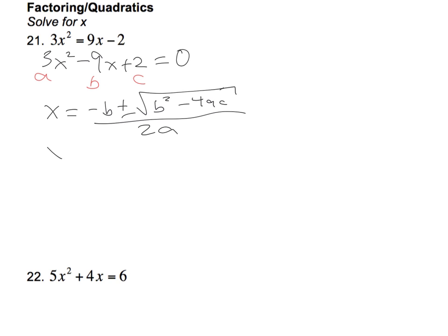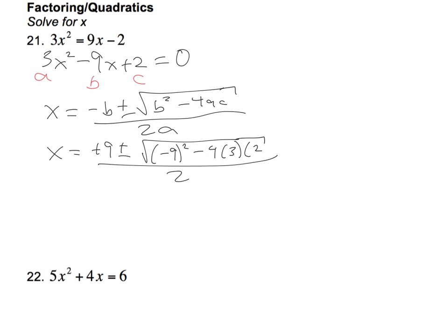So in this case, x equals positive 9 here, negative 9, so that becomes a positive, plus or minus the square root of negative 9 squared minus 4 times 3 times 2 all over 2 times that a value there, which is 3.